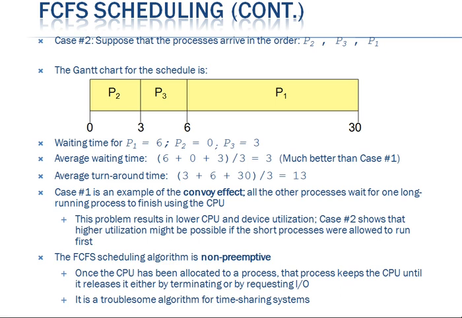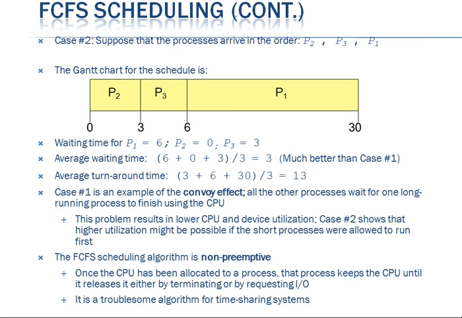Now the FCFS scheduling algorithm is non-preemptive. It means that once the CPU has been allocated to a process, the process keeps the CPU until it releases it, either by termination or by requesting an IO operation.